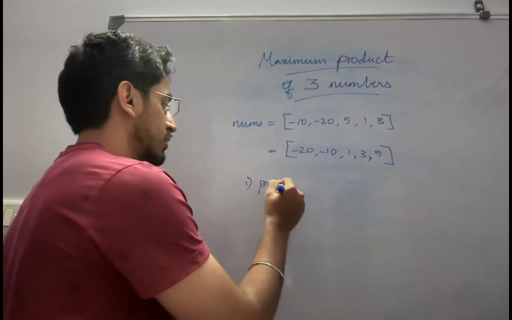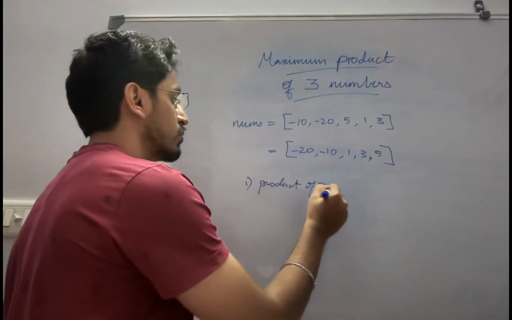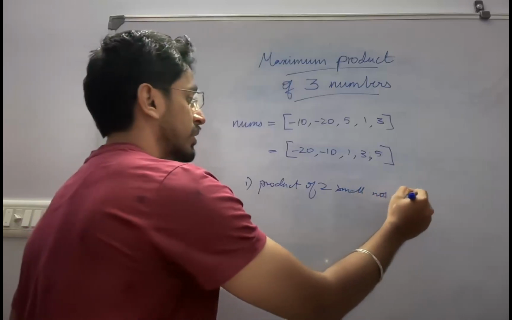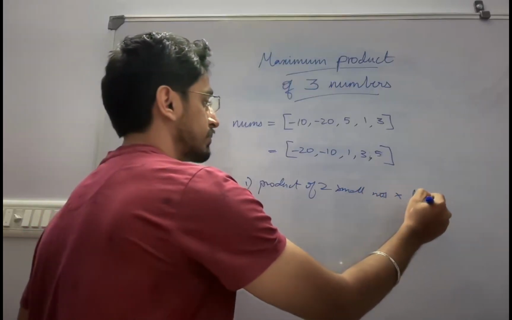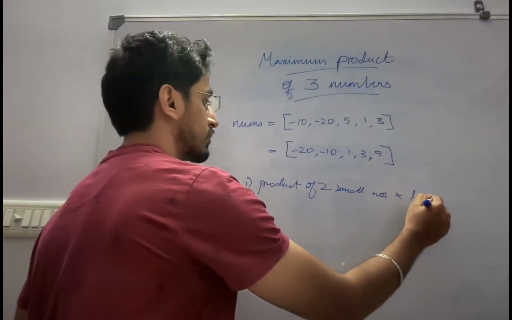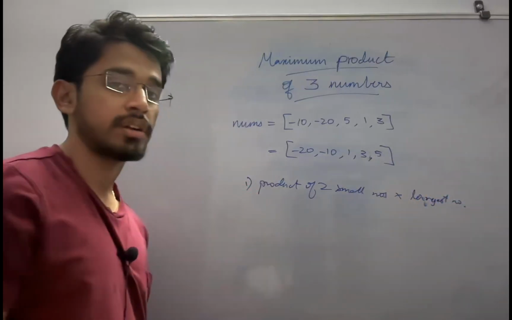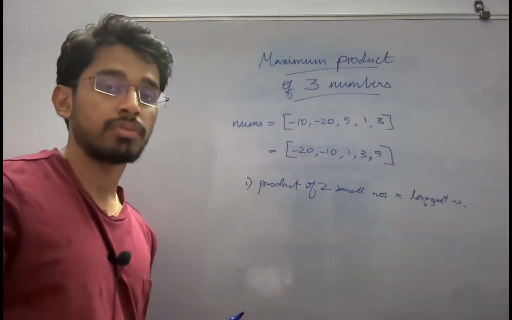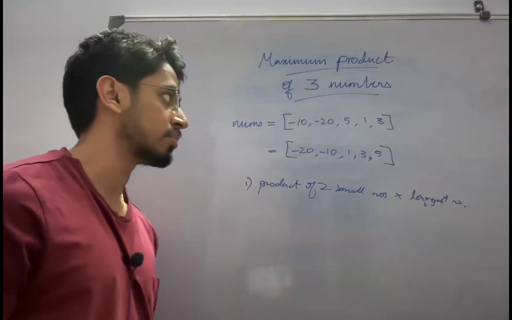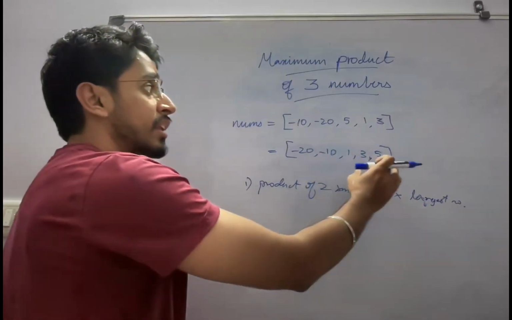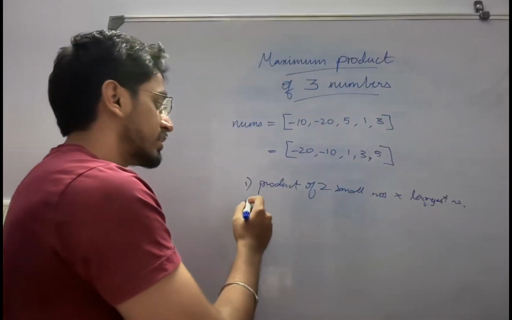So product of two small numbers multiplied by the largest number. Okay, and the second approach is to calculate the product of three largest numbers. Okay, so three largest numbers is we just need to take the last three elements within the array. So this is the second approach.